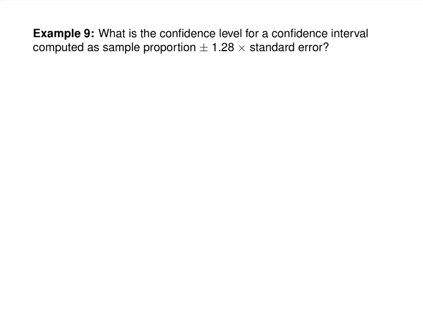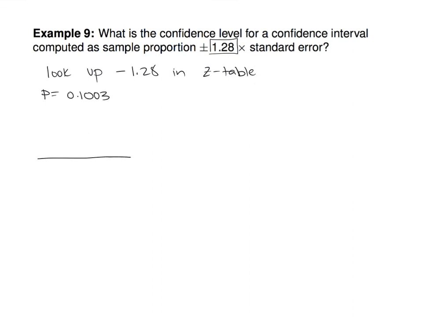Okay, well, what is the confidence level that's been computed as sample proportion plus or minus 1.28? Okay, so what we're going to do now is we have the Z value. Look up negative 1.28 in your Z table. Negative 1.28 has a corresponding p-value of 0.1003. So what that means is that the area in one of your tails is 0.1003.